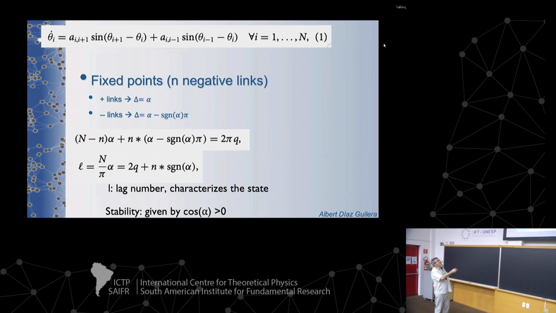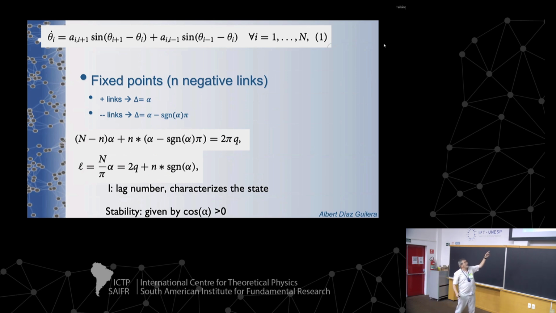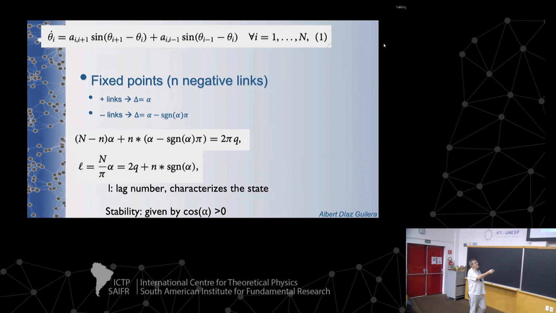If the link is positive, it can be alpha, but if the link is negative, it has to be alpha minus pi. Why? Because the negative link is different, so the solution for the negative link has to be different. When you sum all the phase differences along the circle, it has to be a multiple of 2 pi.